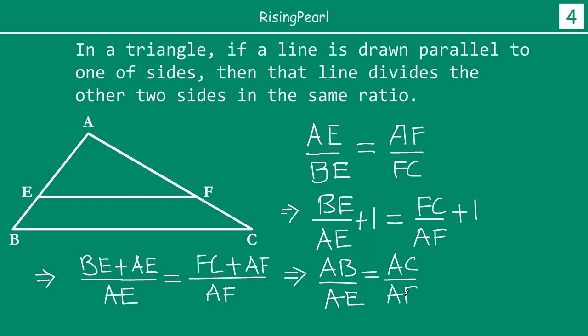Again, if these two ratios are true, then the reciprocals are true as well, so we write it as AE by AB equal to AF by AC.